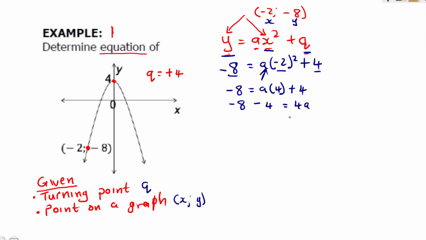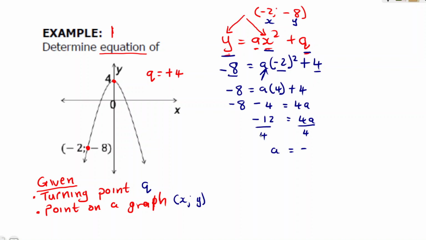That's going to give us -12, which equals 4a. So we have to divide by 4 on the right, divide by 4 on the left. So a is equal to negative, what is 12 divided by 4? It's 3, that is -3. So a is equal to -3.